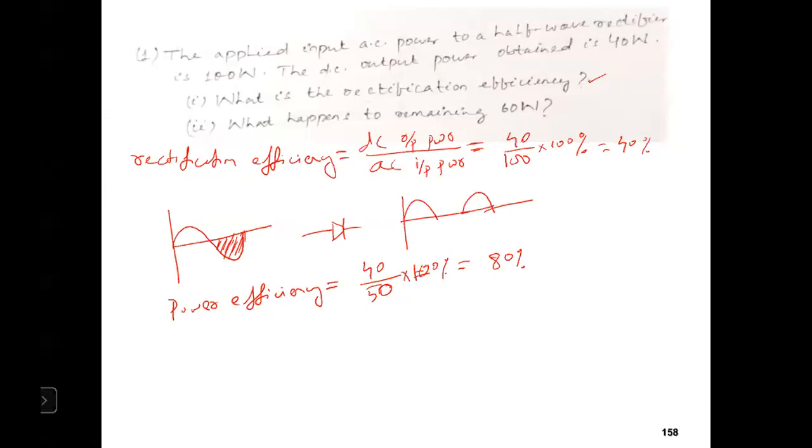So you can say I gave 50 watt, and out of that some 10 watt has been lost, and we are getting 40 watt in the output. So that is 80% efficiency. So power efficiency is 80% and the rectification efficiency is equal to 40%.